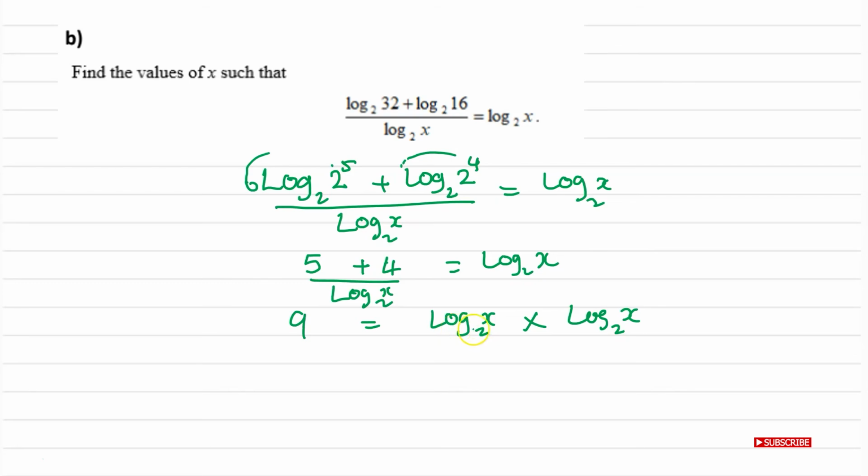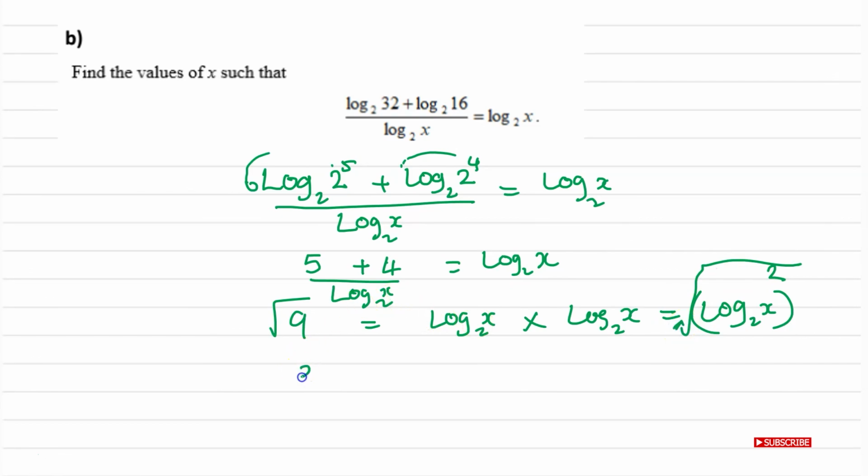No, it doesn't work like that. This is equal to log x to base 2 squared. That's what it means. So now to find just the log x base 2, we need to square root both sides. So square root of 9, I'm going to do like this. Sorry for my symbol there.